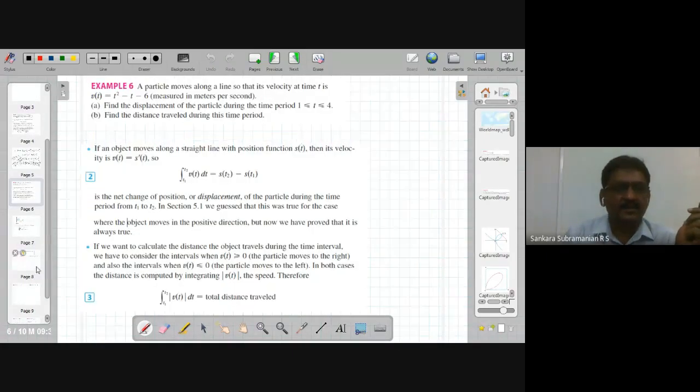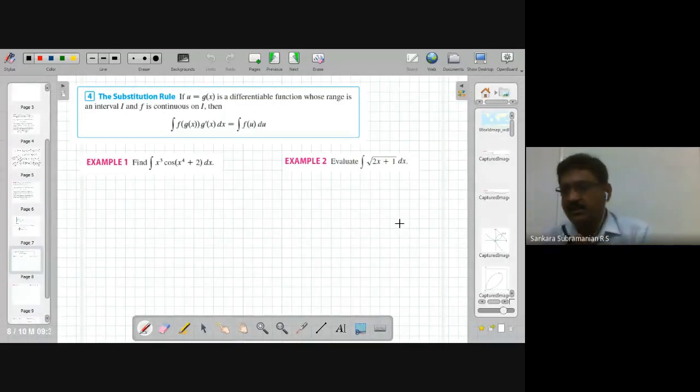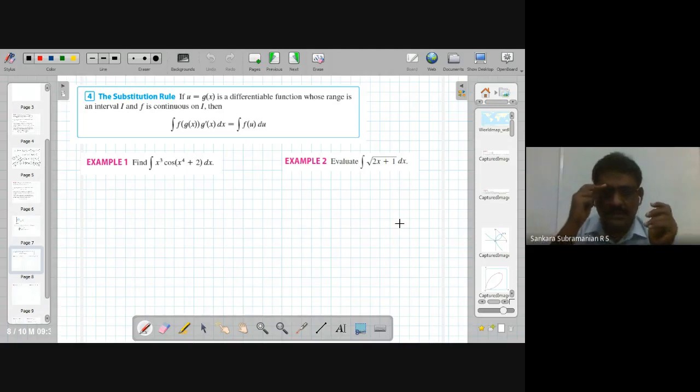The next part today is the substitution rule. This is a very famous technique. You might have studied and practiced it in your schools. So let me go with the methodological, systematic way. What the substitution rule says: if g is a differentiable function whose range is in the interval I, and f is a continuous function on the interval I, then if I want to go for substitution, I can make a substitution.